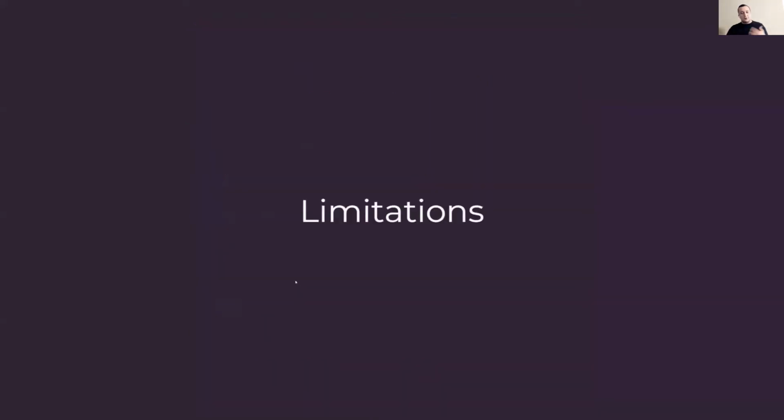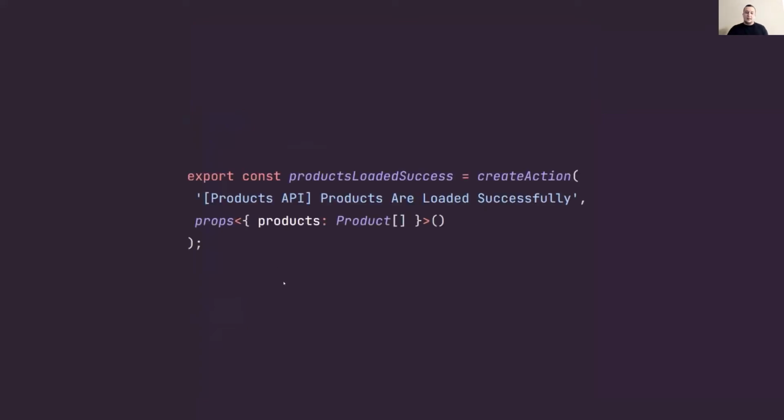As any solution, create action group has advantages and disadvantages. If we talk about disadvantages, more specific about limitation, with create action group function, we are not able to define an action whose action name is different from the event name, like in this example here. So we can't do this with create action group because with create action group, action name is equal to the camel cased event name.